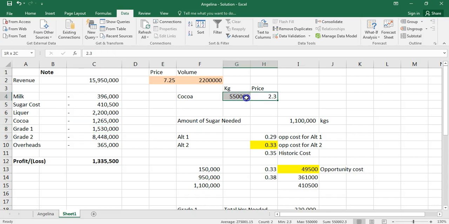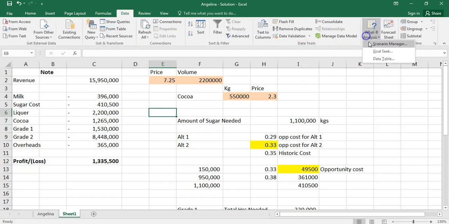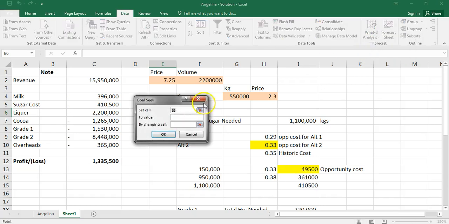So these are our 2 assumptions as before. Our kilogram assumption, which we're not changing, but we will change our price. So if you want to do the goal seek method, which can be useful, you do data, what if analysis. So maybe try this yourself to see does it work. You're setting the profit cell to be 0 by changing one cell, which is the price cell.